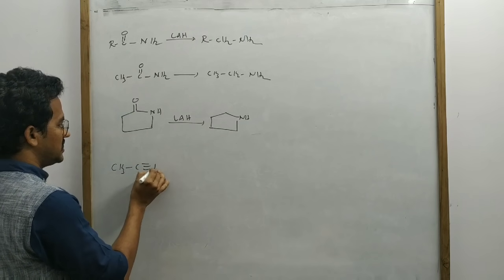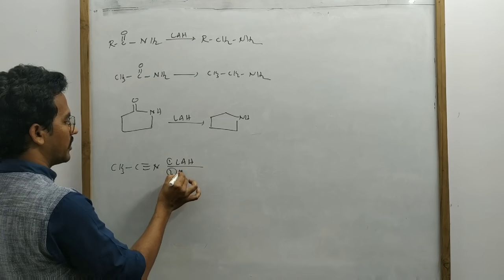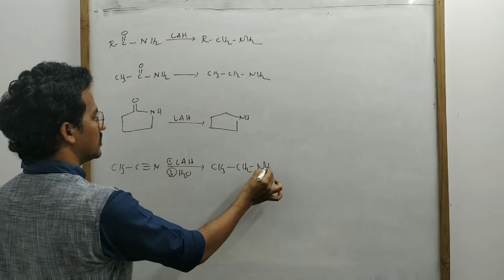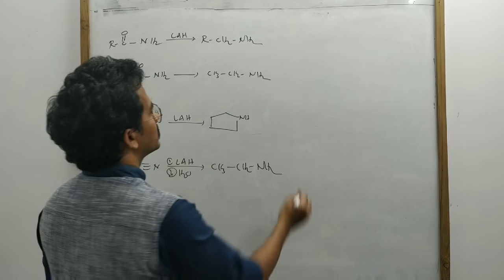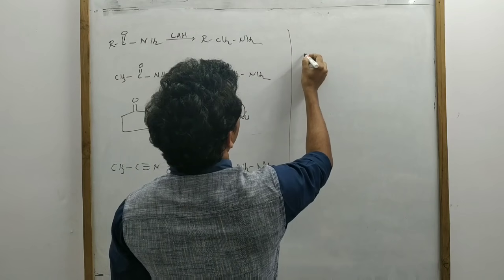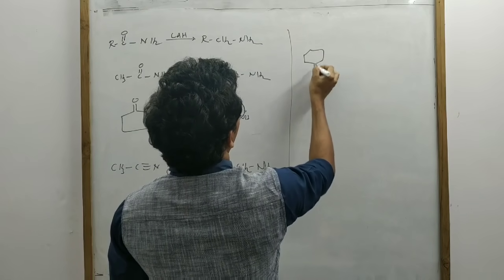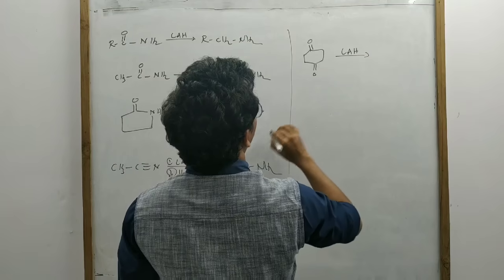Okay, so you want to read this one. And similarly CH3CN, this one, reduction with lithium aluminum hydride followed by hydrolysis gives CH3CH2NH2. Okay, so here you will write the products for these reactions. Double bond O, LiAlH4.